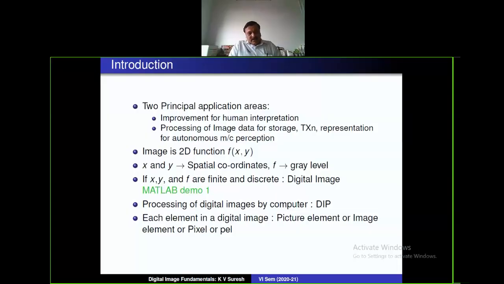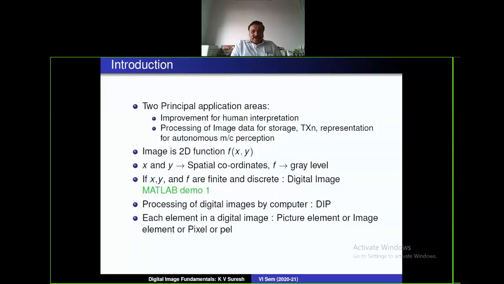For example, the first application, satellite image processing or satellite image restoration. We are interested in improving the interpretation of the image, maybe in terms of edges, maybe contrast or whatever it is. Just try to improve the quality of the image for better interpretation.